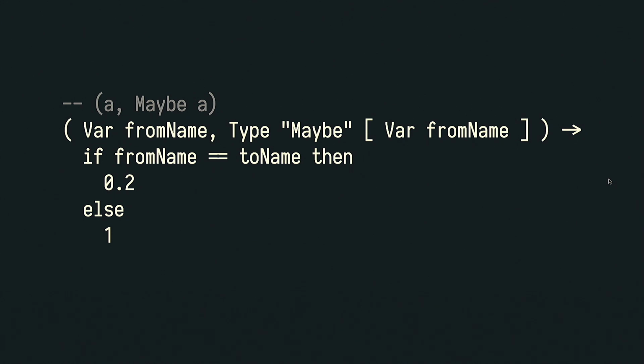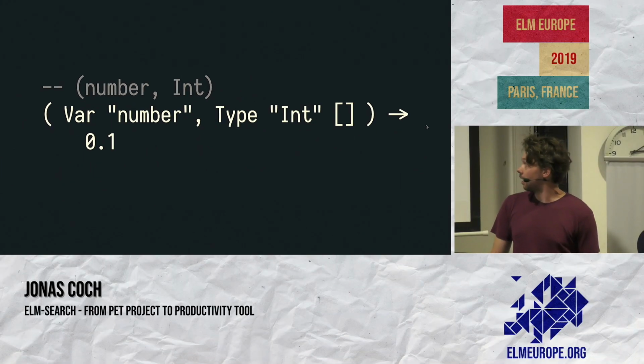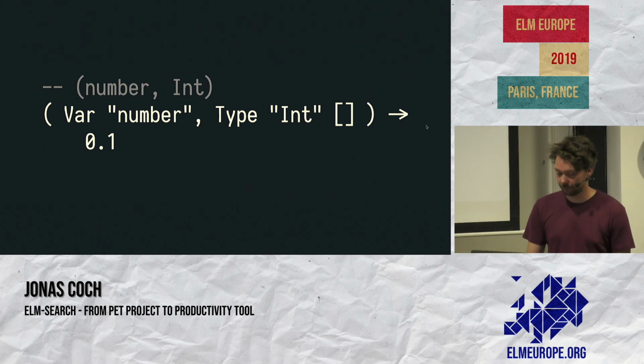One other special case we saw earlier is comparing types that are wrapped in, for example, a Maybe type. If the type inside the Maybe equals a given type, a lower distance is chosen, otherwise just the maximum distance again. This makes the search fuzzy. Elm's built-in type variables, type classes, are also supported, so when you compare a number with an integer or a float, it's nearly a perfect match.